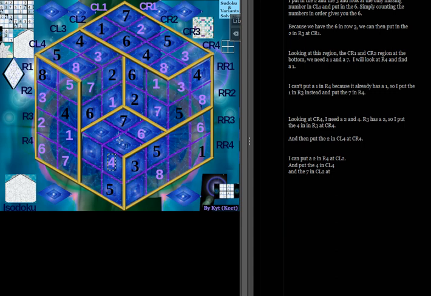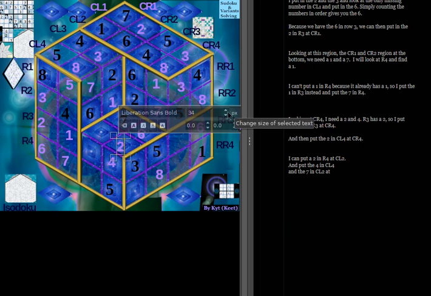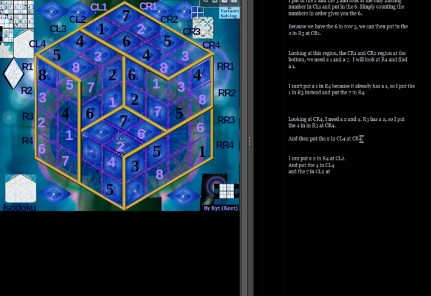And I put the 2 in column left 4 at column right 4. And I can put the 2 in row 4 at column left 2.